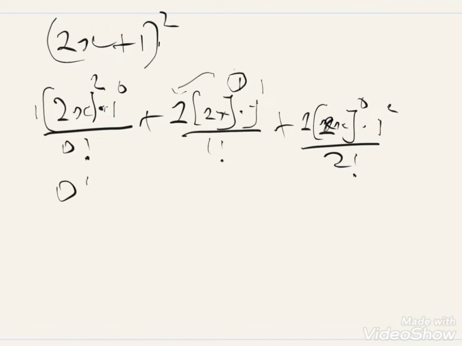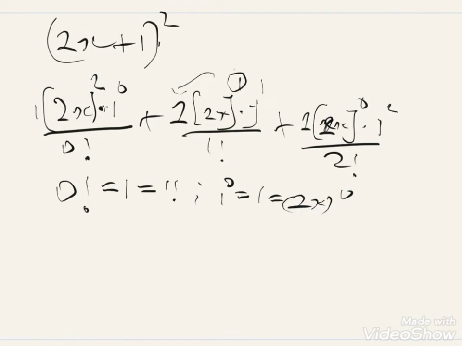At this juncture, we are meant to know that 0 factorial is equal to 1 and 1 factorial is also equal to 1. Anywhere you see 0 factorial or 1 factorial, you substitute 1. And again, 1 raised to power 0 is equal to 1, and 2x raised to power 0 is 1. That is the law of indices.